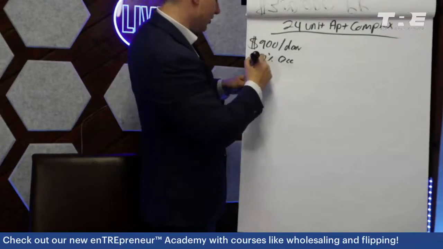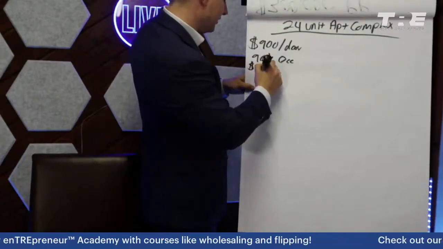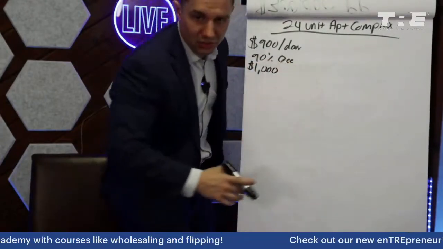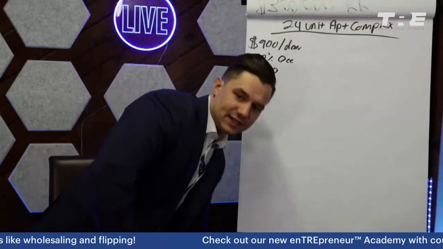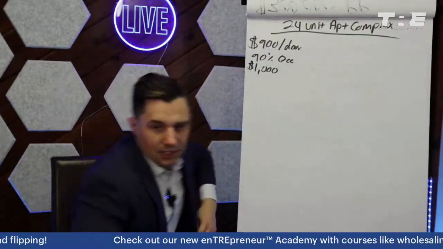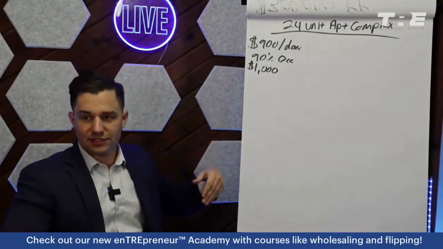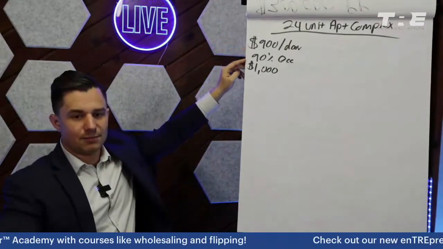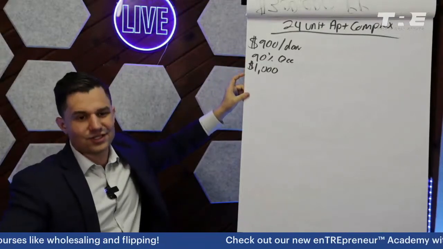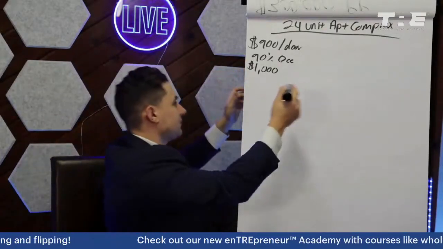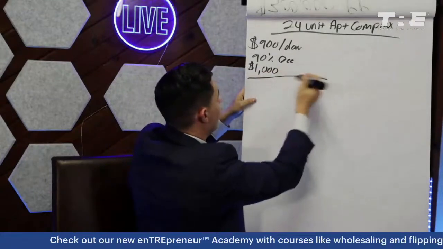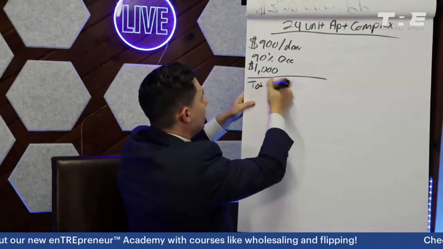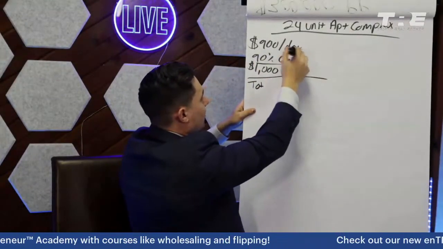Let's say it's $1,000 a month in other income, laundry facilities on site, things like that. I hope you took notes because we're going to fly through these numbers. All right, so $900 a door, 90% occupied, $1,000 in other income every single month gives us our total income of how much?